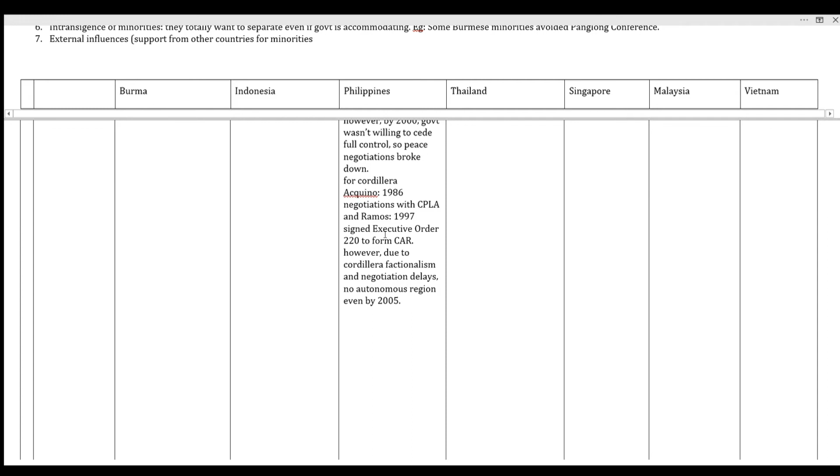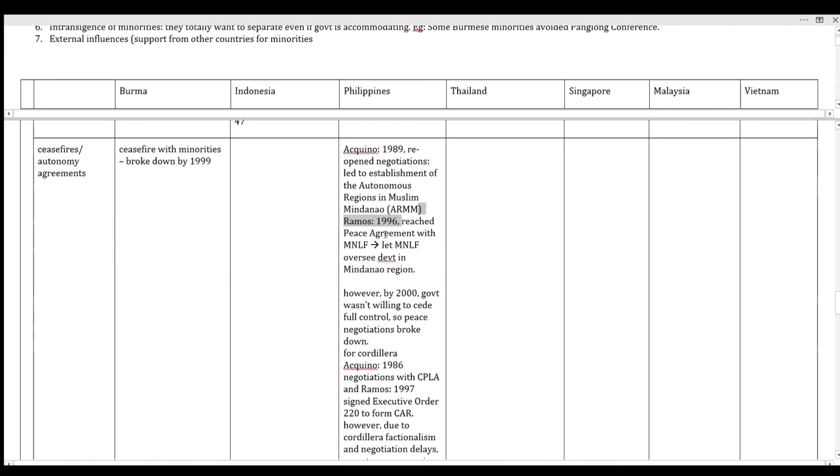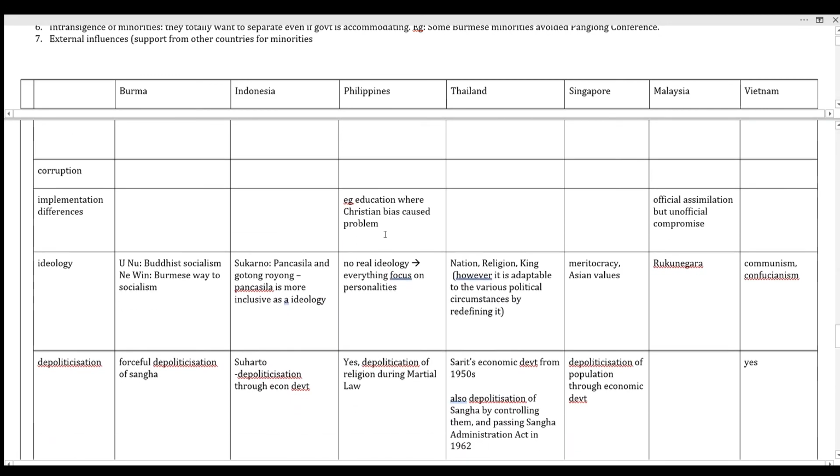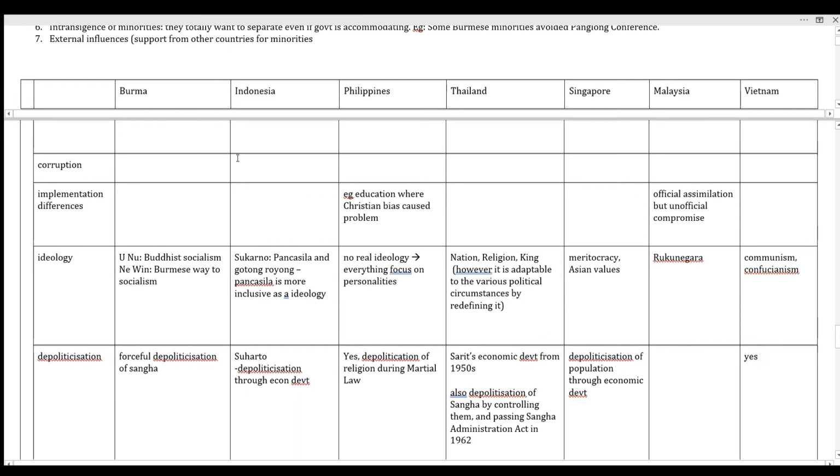And because of Cordillera factionalism, they are already segmented within themselves, so they are not very united in their own front, which led to some problems, and there's no autonomous region even by 2005. Okay, so that is for ceasefire and autonomy agreements. I don't know why I wrote corruption and didn't write anything here, but you can talk about it if you want. There was a lot of corruption in some of these countries.